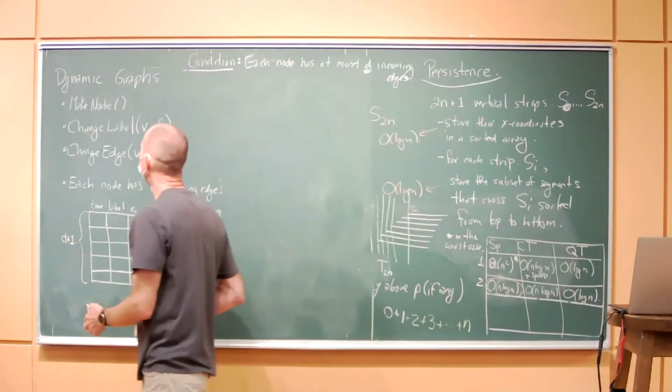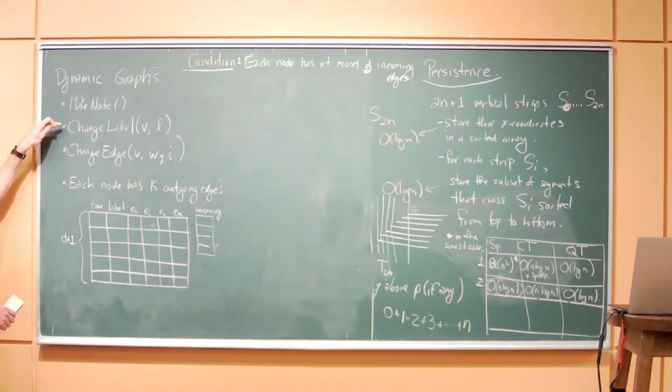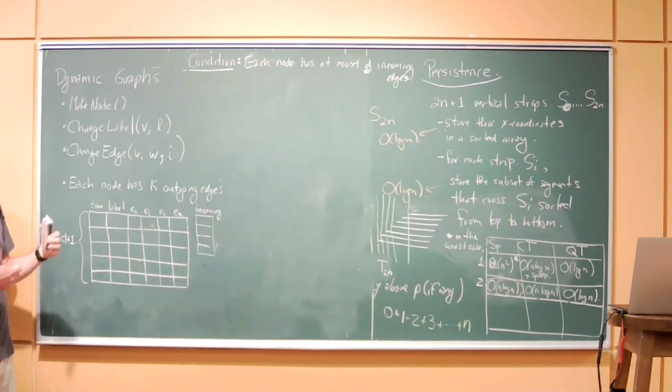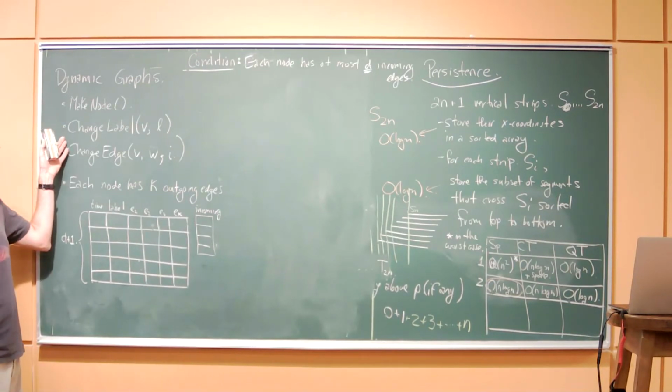And the thing to keep in mind is each time you do one of these operations, time advances by 1. So each time this happens, we keep track of first operation, second operation, and so on.